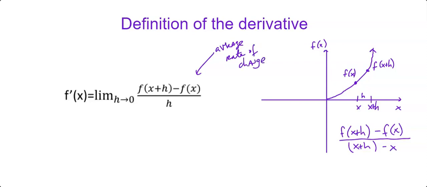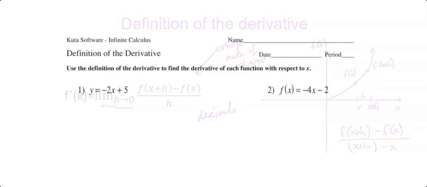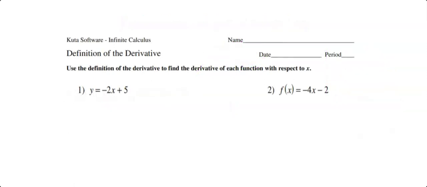Now if we take the limit of h and we shrink it down to 0, then that average rate of change becomes the derivative. So we're going to use the definition of the derivative to find the derivative of each of these functions with respect to x.